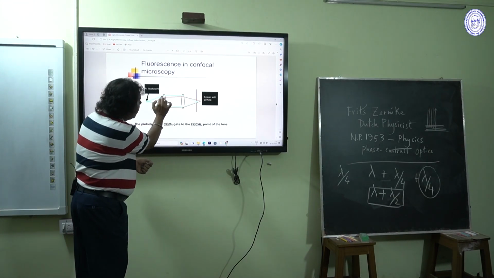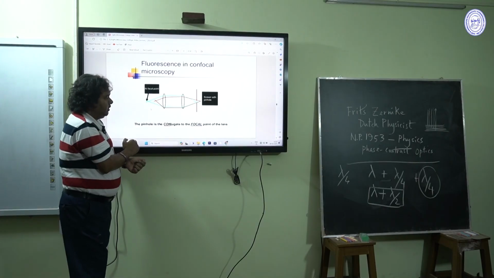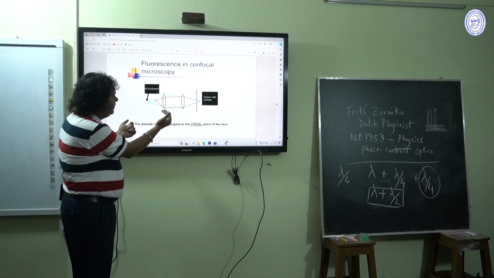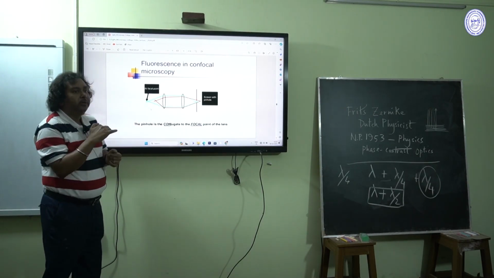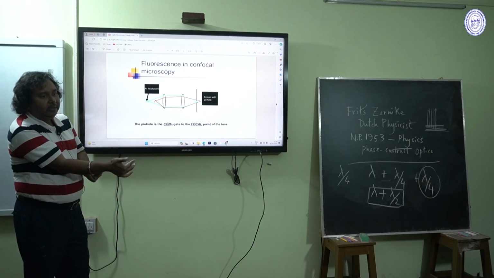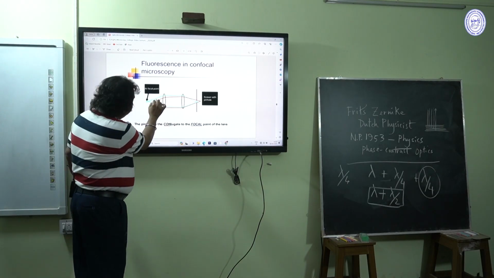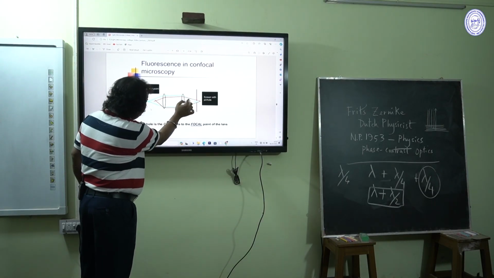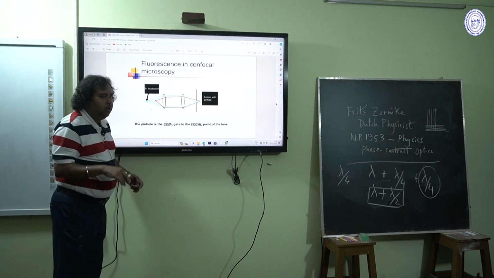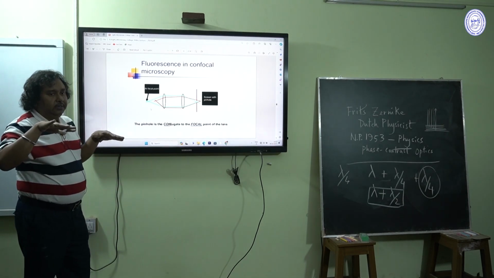So the confocal light is able to create a better image, and the light whose focal point is not on the pinhole is discarded.